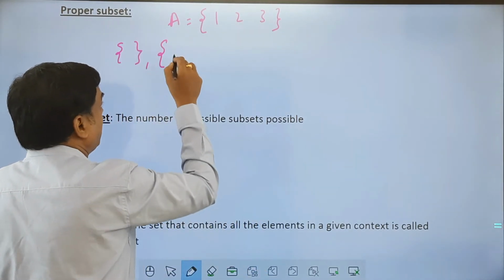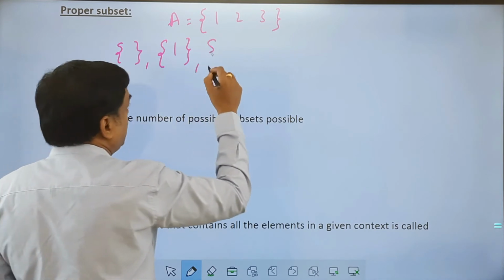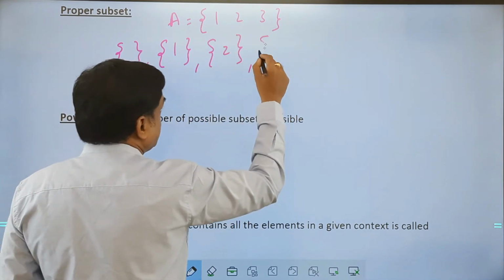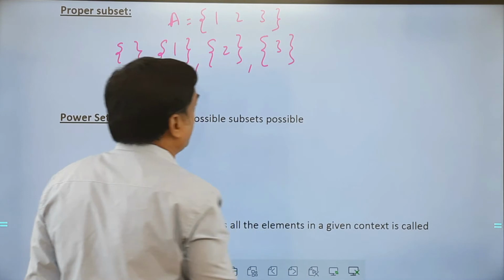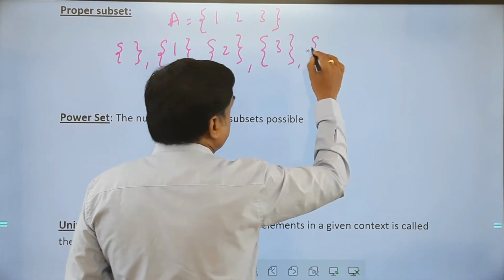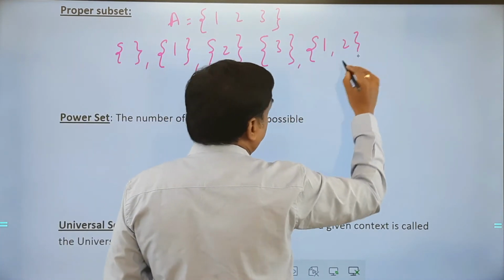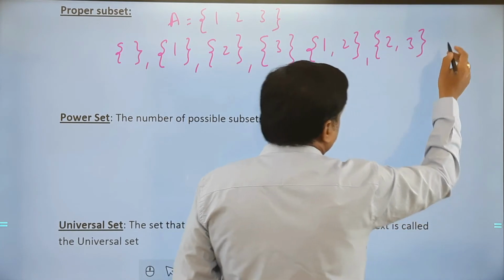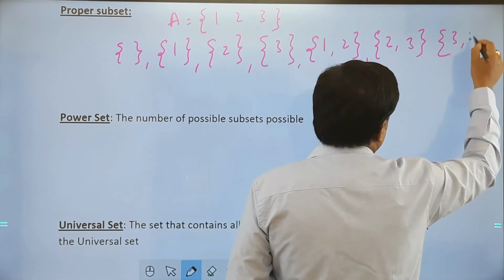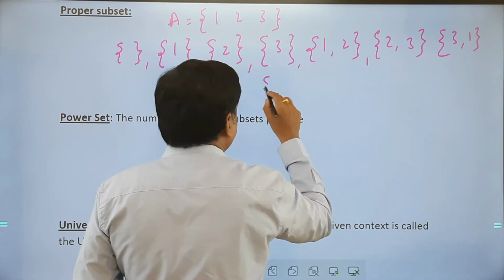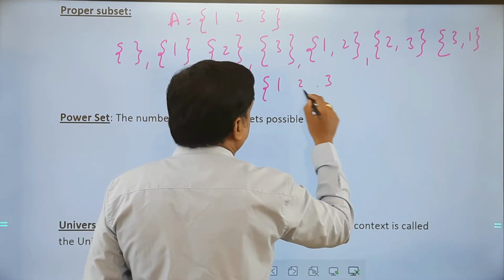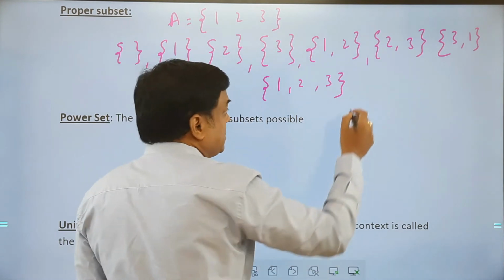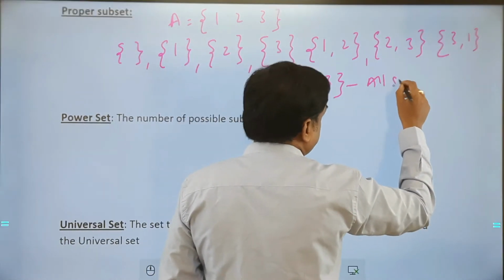Then we have a set with only 1, a set with only 2, a set with only 3. Next, there can be a set with 1 and 2, a set with 2 and 3, a set with 3 and 1, and a set of 1, 2 and 3. Now remember, these are all subsets.